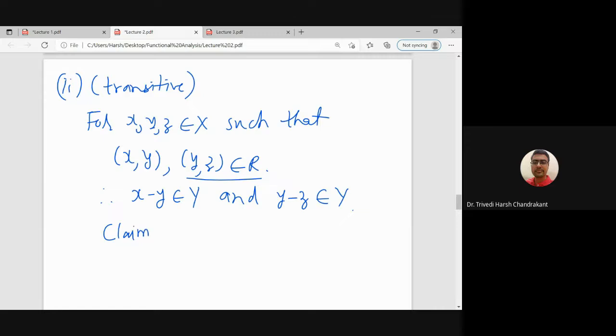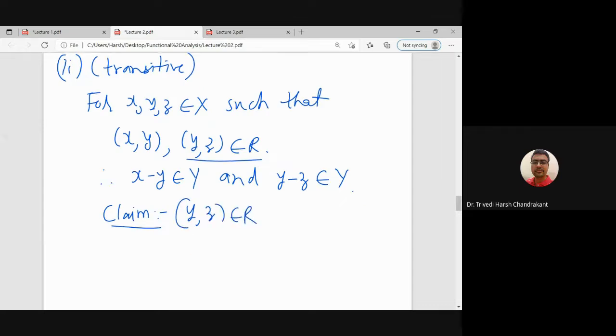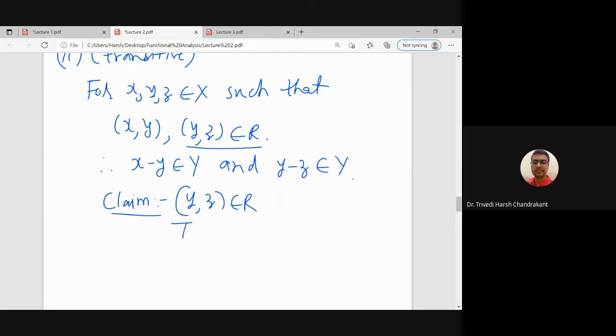We need to show (x, z) belongs to R, that means we need to show x minus z belongs to Y by the definition of the relation.